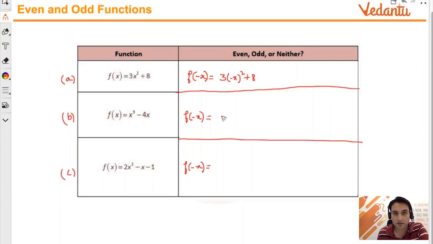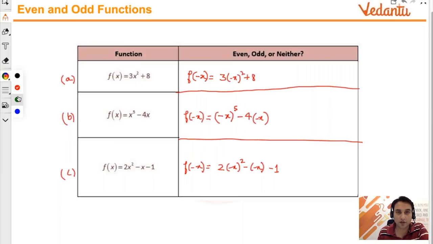This will become minus x to the power 5 minus 4 minus x, and this will become 2 minus x squared minus of minus x minus 1. What will it become? Look carefully. This can be written as 3x squared plus 8, nothing but f of x. Exactly. This can be written as minus, can I take minus common outside?